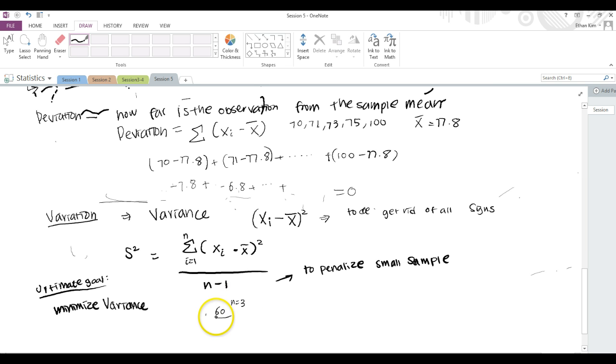If you divide it by 3 minus 1, which is 2, it's going to make it 30. And if we just use the number n, 60 over 3 is 20. So to understand why we have the negative 1 part, it's going to make a big difference if the sample is small.